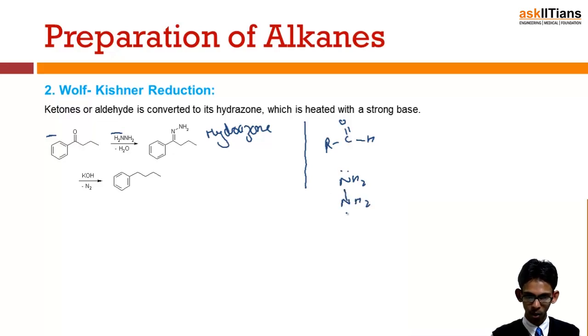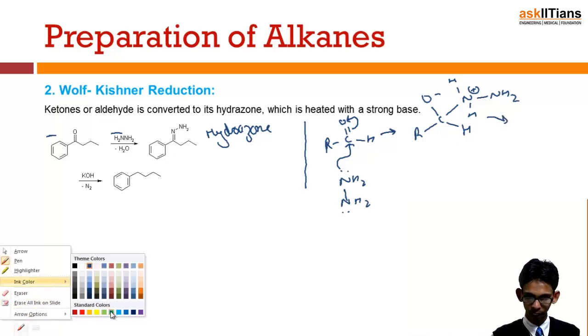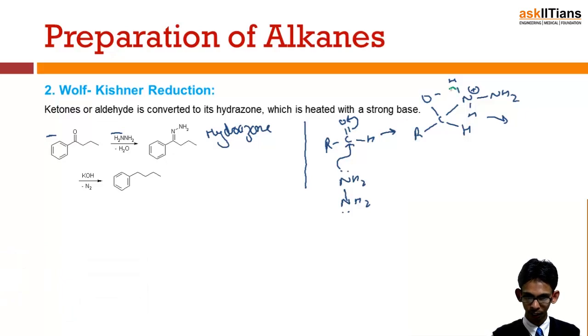What happens in this is that this attacks at this carbonyl carbon and this goes at this position, and this results in the formation of a compound like this, here with a positive charge, NH2, here is a hydrogen, another hydrogen. In the next step, this hydrogen comes at this position to form RCH.